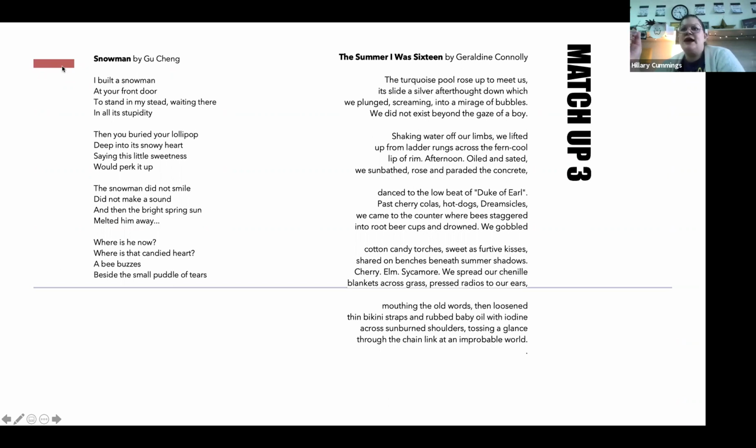So this is kind of reflecting on, you do something for someone because you want to be close to them. And then what happens, that thing that you built to be close to them melts away and goes away and makes you wonder about the past and the future. So there's a little bit of a sad tone maybe to this poem. Maybe you read it differently. Now we have that opposed to The Summer I Was 16 by Geraldine Connolly.